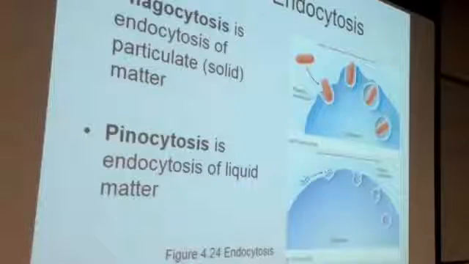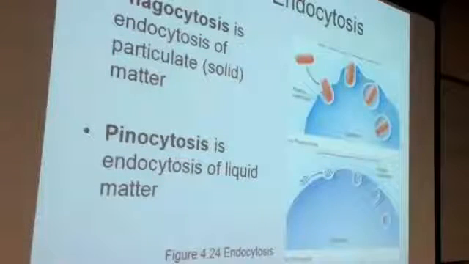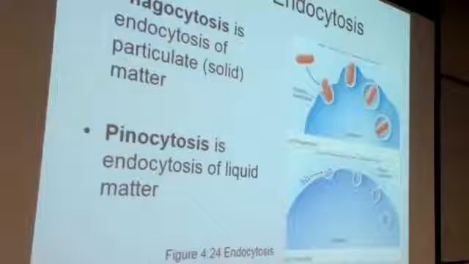This form of endocytosis is very specific. That's what makes it different. Very, very specific. These two are not. Phagocytosis, anything solid. Pinocytosis, anything liquid. Receptor-mediated endocytosis is looking for one type of molecule.